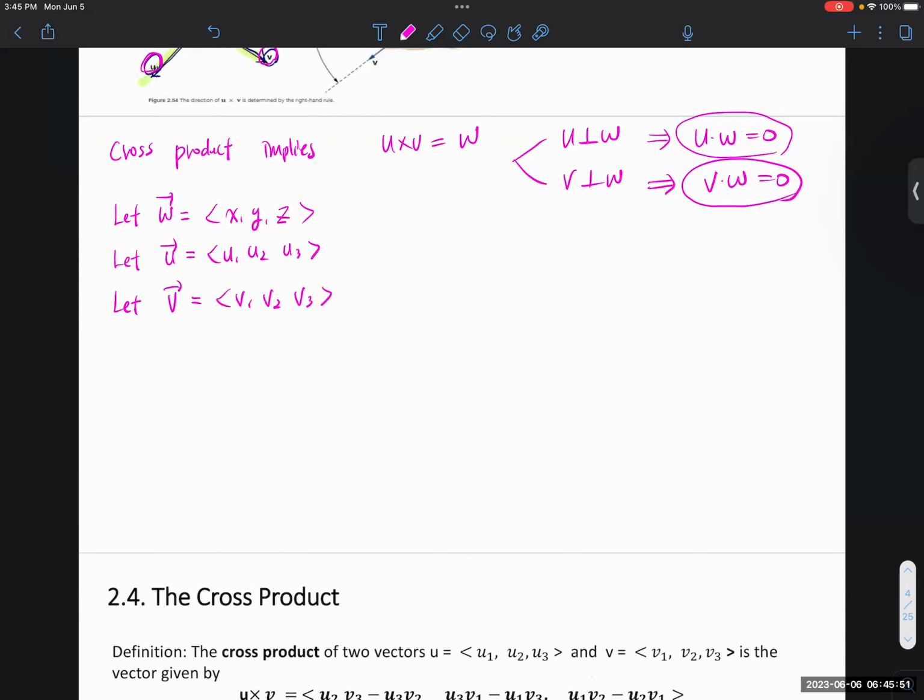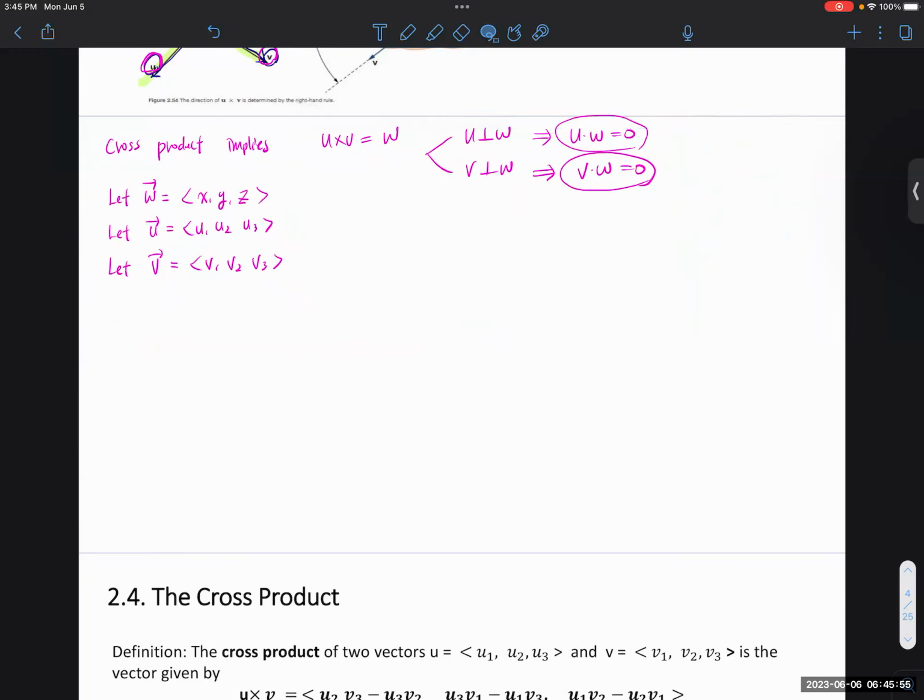So first of all, I'm gonna make it a little bit smaller. So let's do U times W equal to 0. We're gonna multiply those two vectors, which is U1, U2, U3 times W, XYZ. They must be equal to 0 if you multiply.